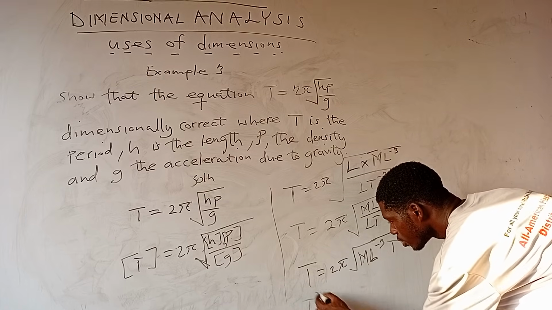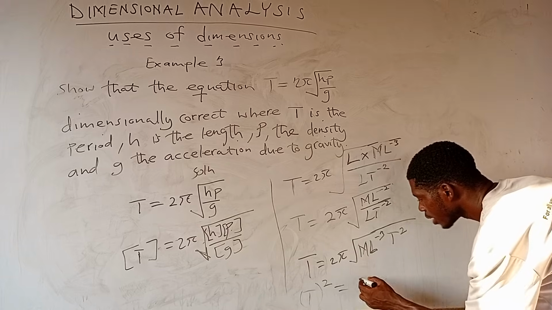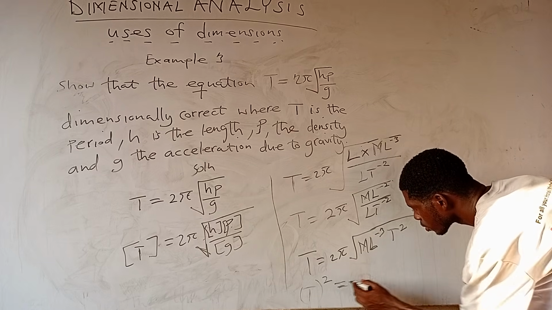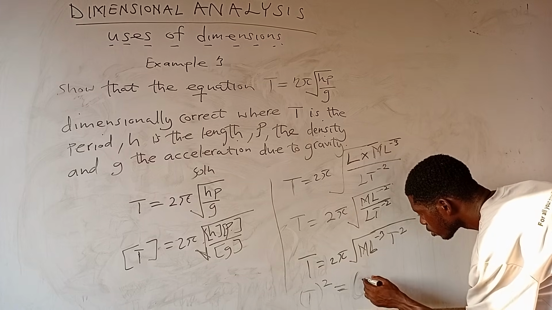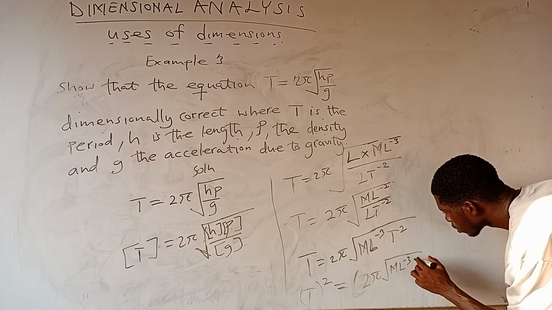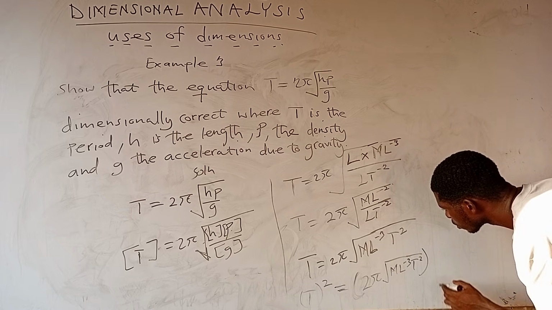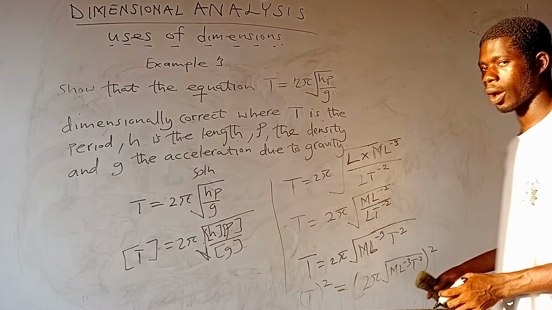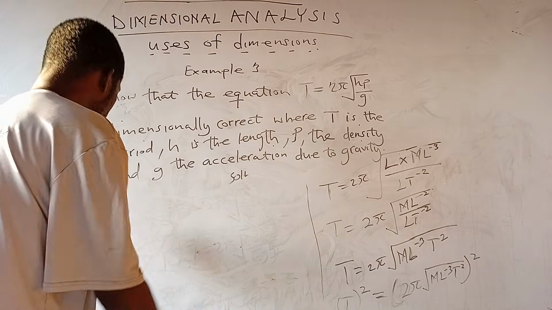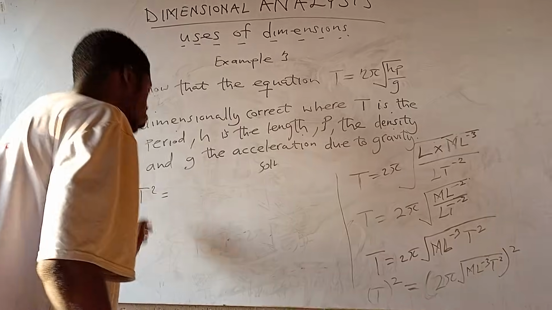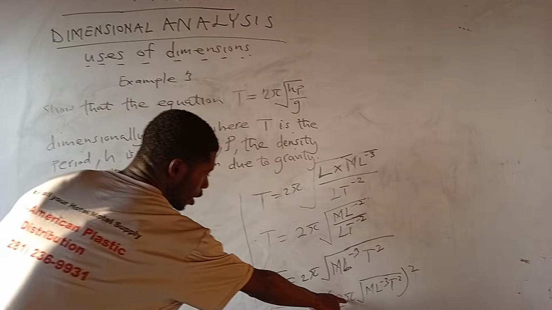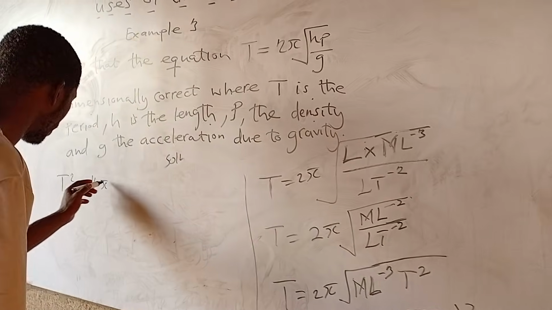You square the T, then the 2 gives 4, and the pi gives pi squared.